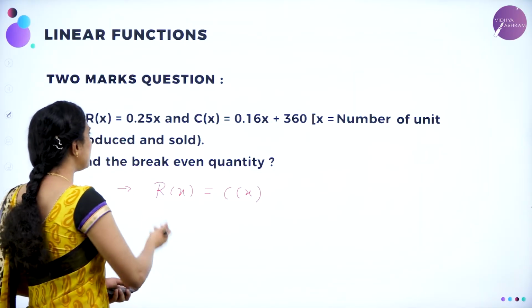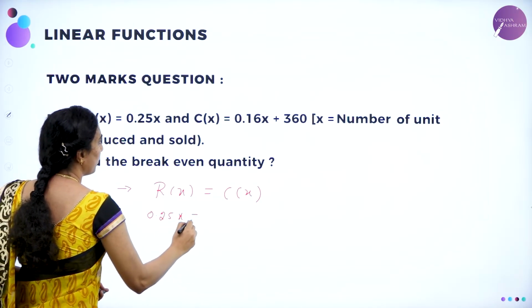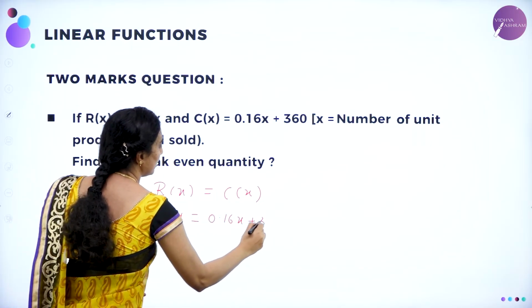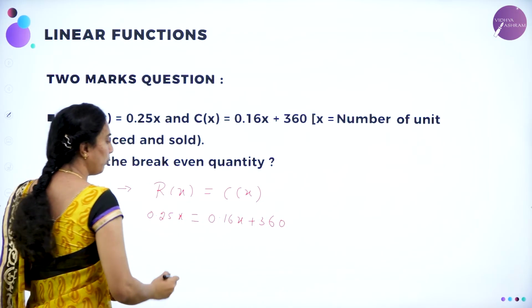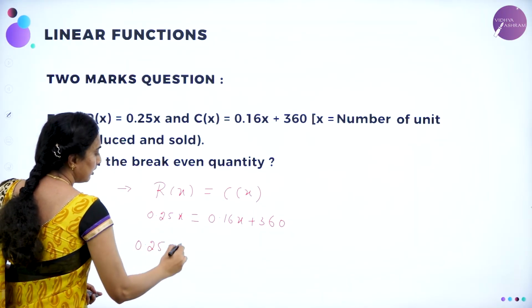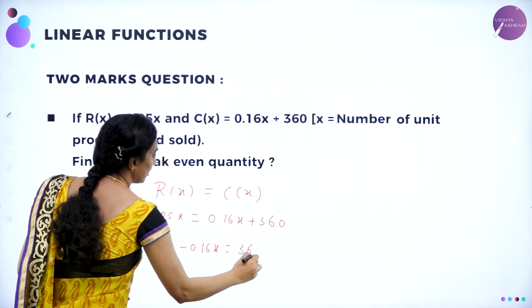Therefore, you are going to get the value of x, which is the number of units produced or sold. So let me take R of x, given as 0.25x, is equal to C of x, which is 0.16x plus 360. If you take this 0.16x to the left hand side, you are getting 0.25x minus 0.16x is equal to 360.